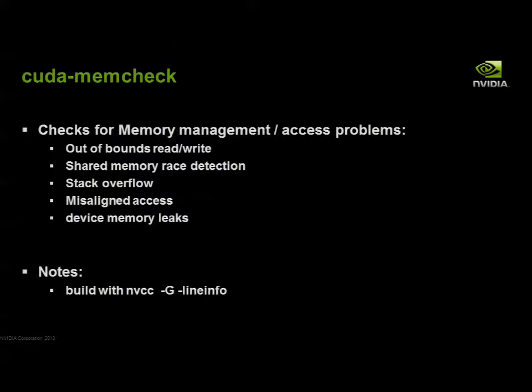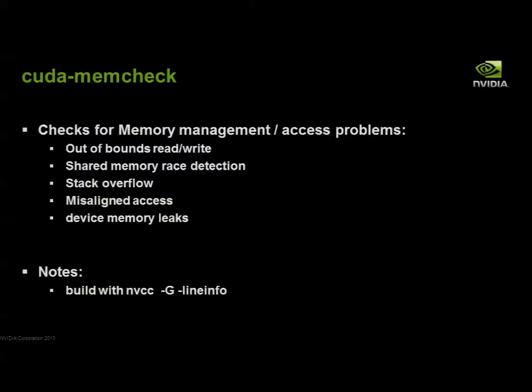So whenever you see an unspecified launch failure, chances are pretty high that you have an out-of-bounds access. It's basically the equivalent of a seg fault. So cuda-memcheck is fairly similar to Valgrind. It takes a lot of time to run, but it finds all these nasty out-of-bounds accesses.